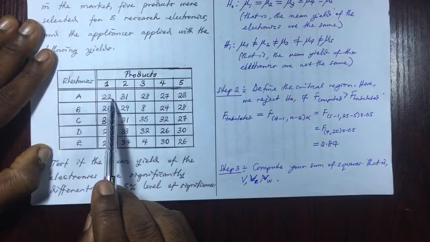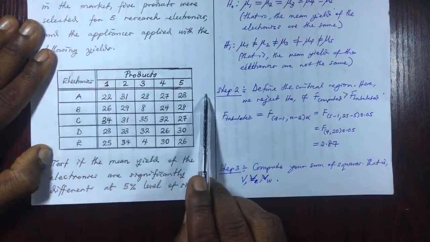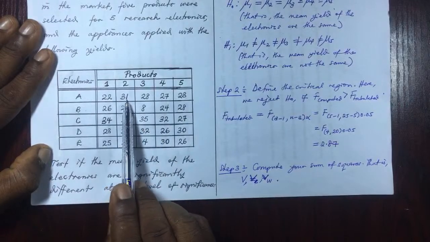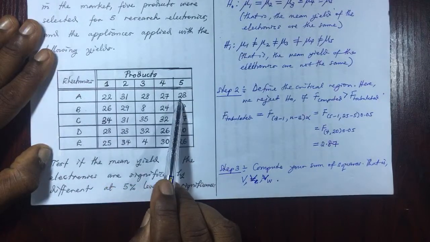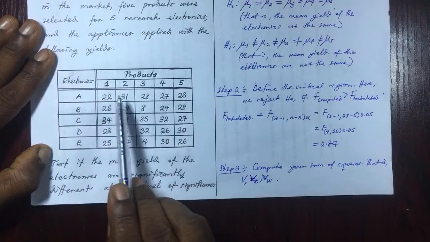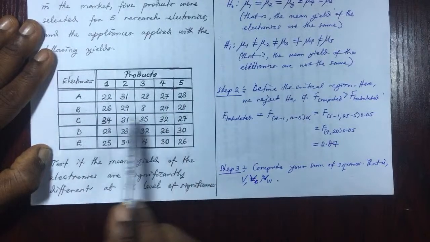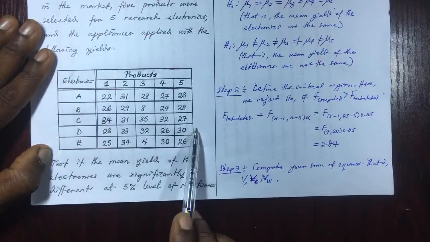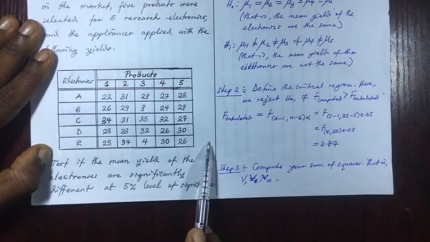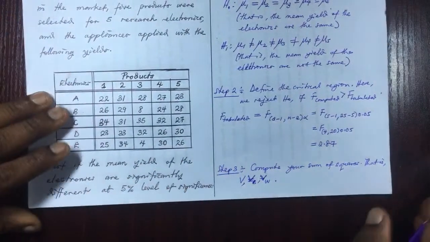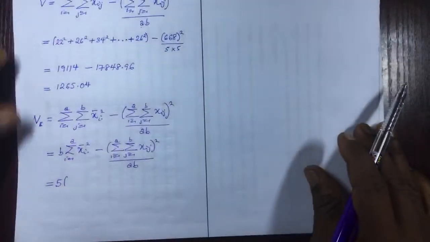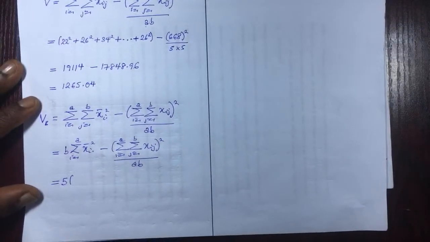How do you get the mean of each treatment? This is one treatment. Add 22 to 31 to 28 to 27 to 23, which will give you a particular value, and divide it by 5, because you just take the average of these values, which is adding them up and dividing by 5. That will give you what we are going to have here. So please endeavor to try that after now.